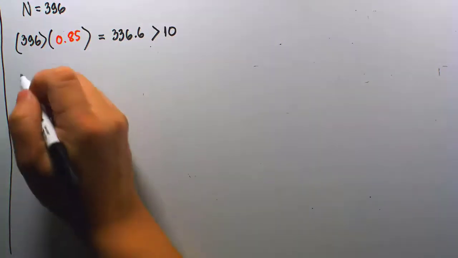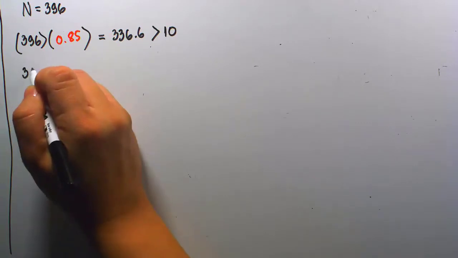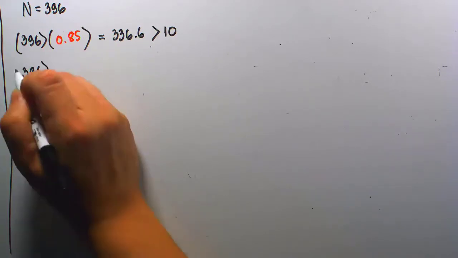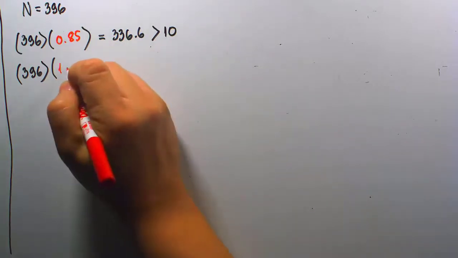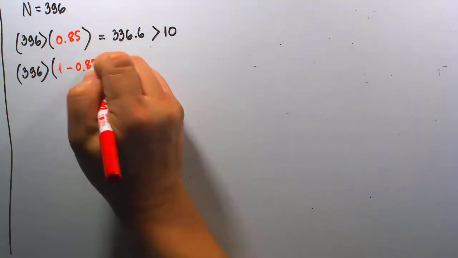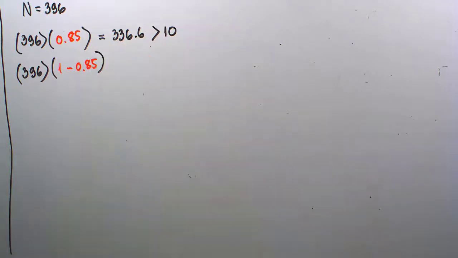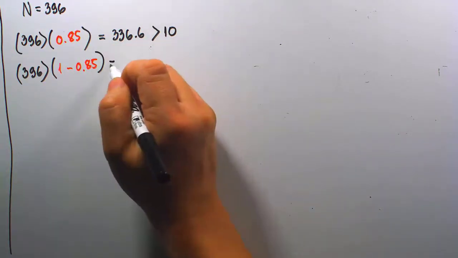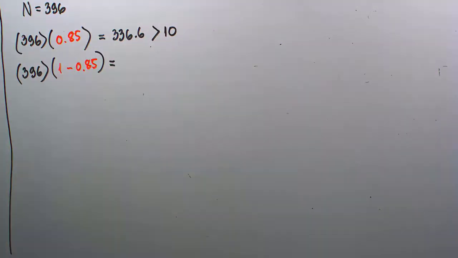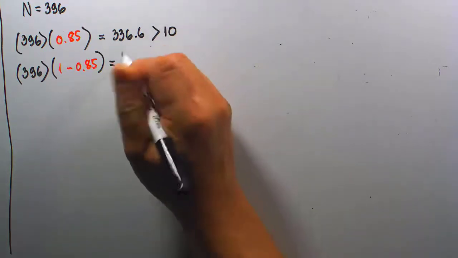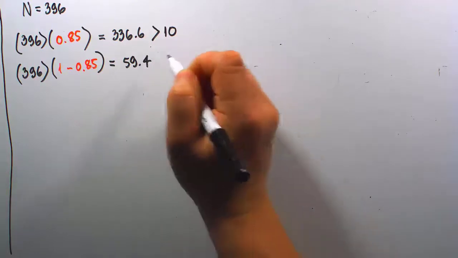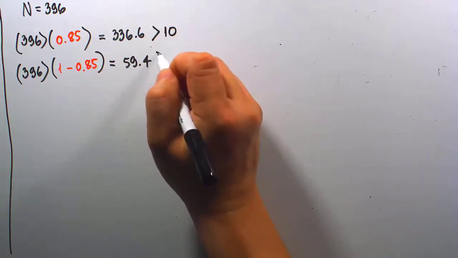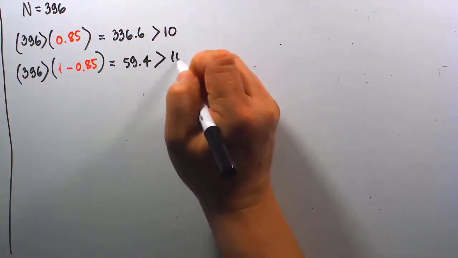And further, the same sample size again, if we're multiplying with 1 minus 0.85, we're coming out with a value. Calculation shows 59.4, which is also a value quite above 10.